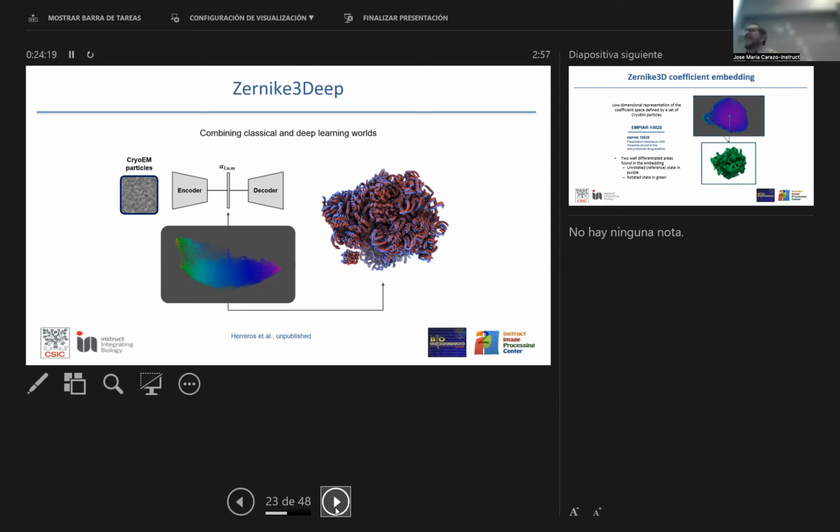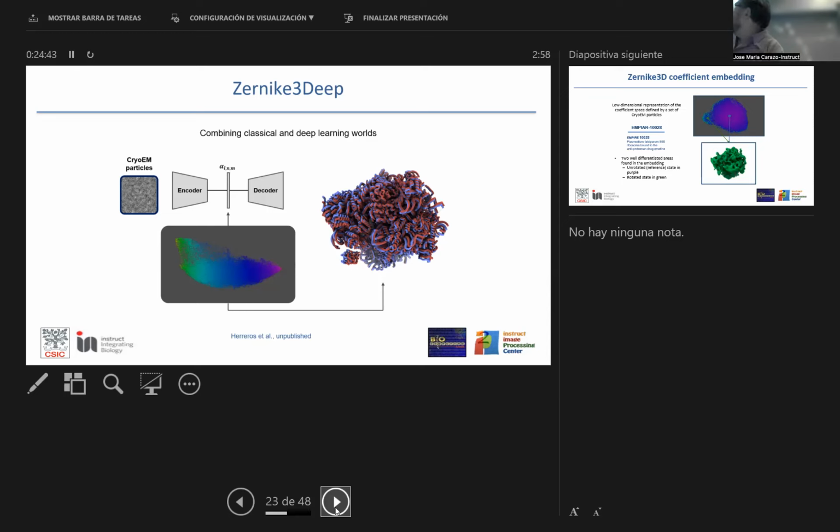The decoder is actually getting these elements and multiplying them by the 3D basis and forming the projection in this way. If the elements of the latent space are not the Zernike 3D coefficients, there is going to be a very large loss.